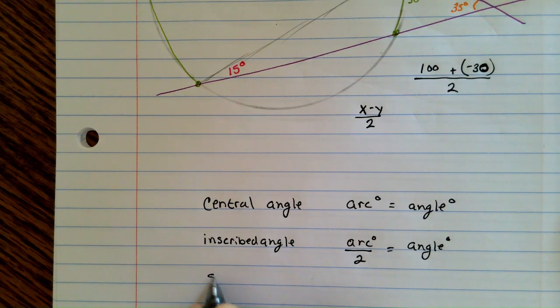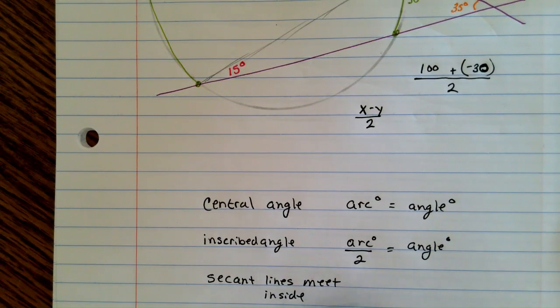Okay. Secant lines meet inside: arc 1 plus arc 2 divided by 2 gives you your angle degree.